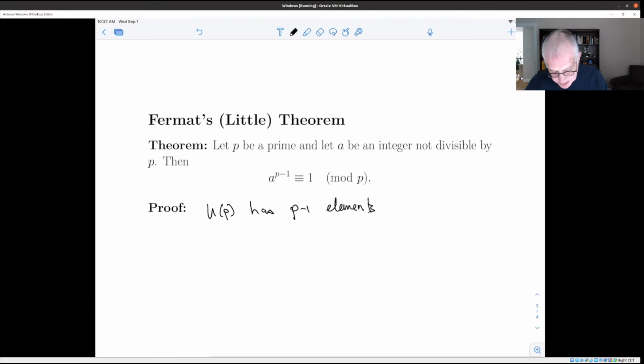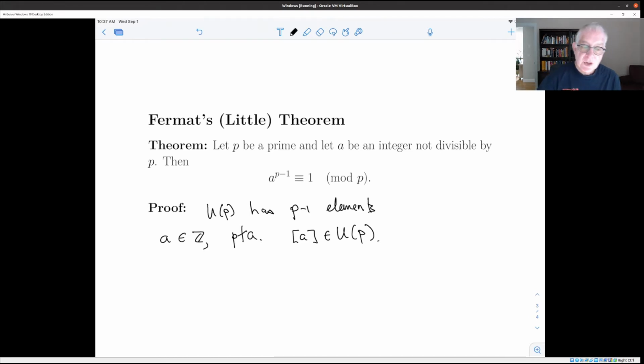And let's take our a, which is an integer not divisible by p. And that means that the congruence class of a is an element of U(p). And back in our discussion of cyclic groups, we proved the following result.